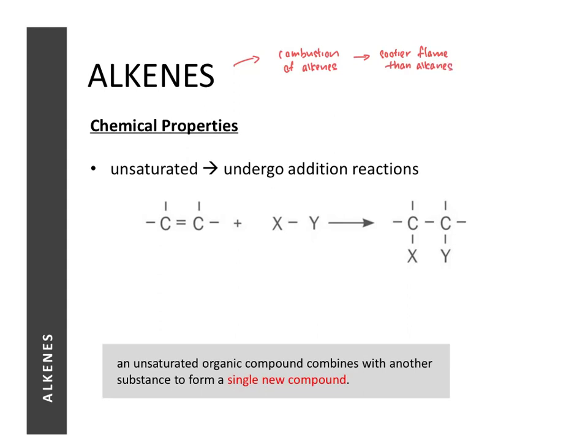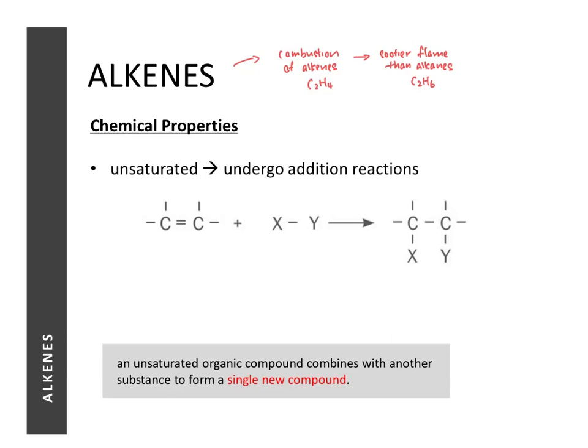Now, why is that so? If you compare the molecular formula of, let's say, ethene and ethane, you will find that alkenes have a higher percentage of carbon in the compound as compared to the alkane with the same number of carbon atoms.